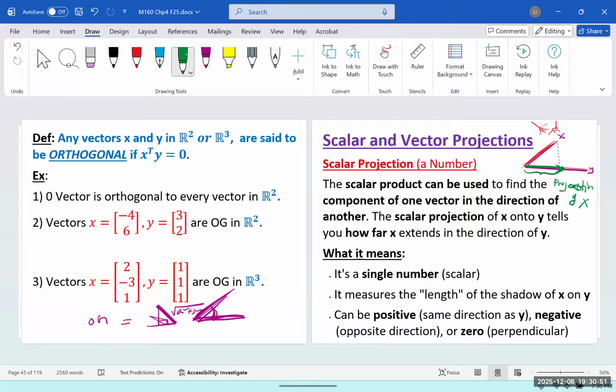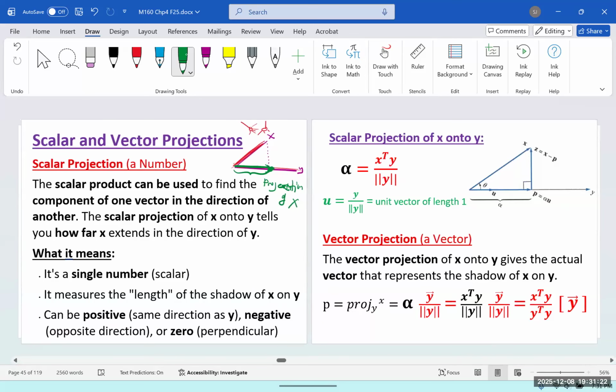What number do we have for this projection vector? So that's the second thing. The scalar projection tells us how much we take from the y vector, and vector projection tells us what is the vector we have on y that is a projection of the x vector.